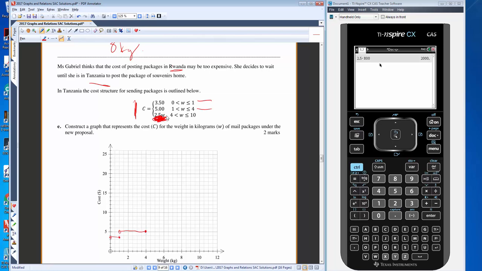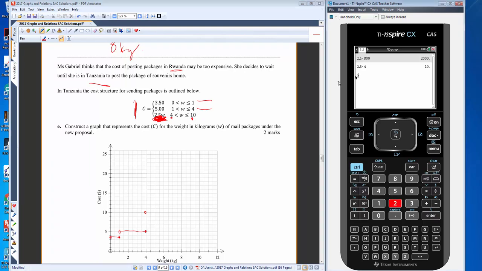Okay, so what we're going to do is sub the endpoints 4 and 10 into this. Alright, so we've got 2.5, so we're looking for the value of cost, which is 2.5 times 4. That's $10. So we're going to open circle that. And then we're going to find out when W is 10.